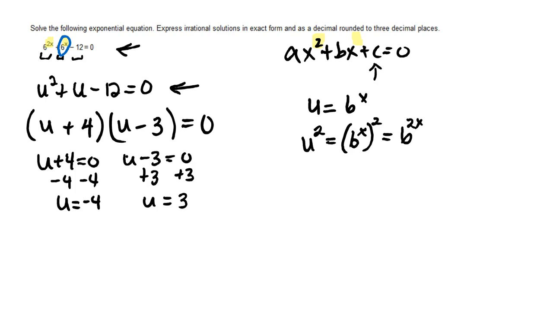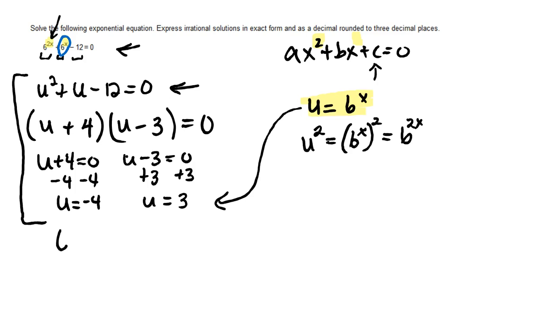Now we've solved this intermediate equation for u, but what we really wanted to know is what is x. So now we're going to bring back the substitution that we made so that we can bring back the x. So u was 6^x, so we're going to put this u to be 6^x, and this u to be 6^x, and solve these exponential equations that we have left.